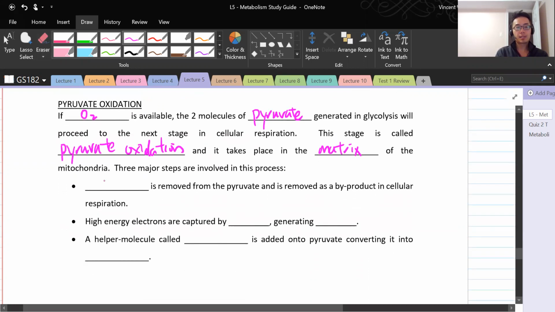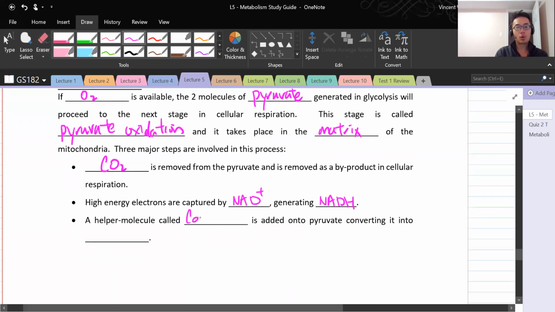There are 3 steps here. Carbon dioxide is removed. High energy electrons are captured by more NAD+, creating NADH. A helper molecule called coenzyme A is added to pyruvate, converting it into acetyl-CoA.